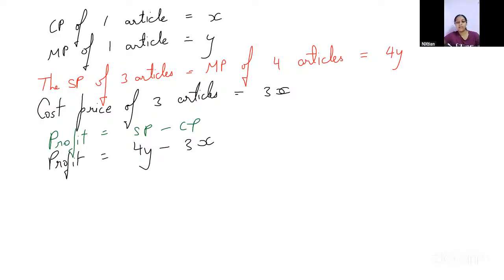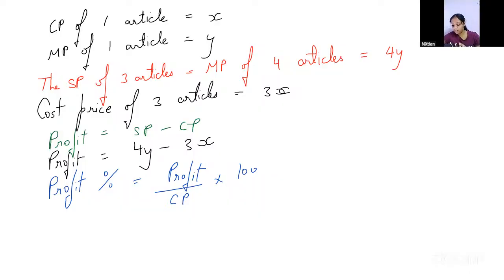Now the question says that I have to find out the profit percentage. So we will calculate the profit percentage. What is the formula for profit percent? Profit divided by cost price into 100.